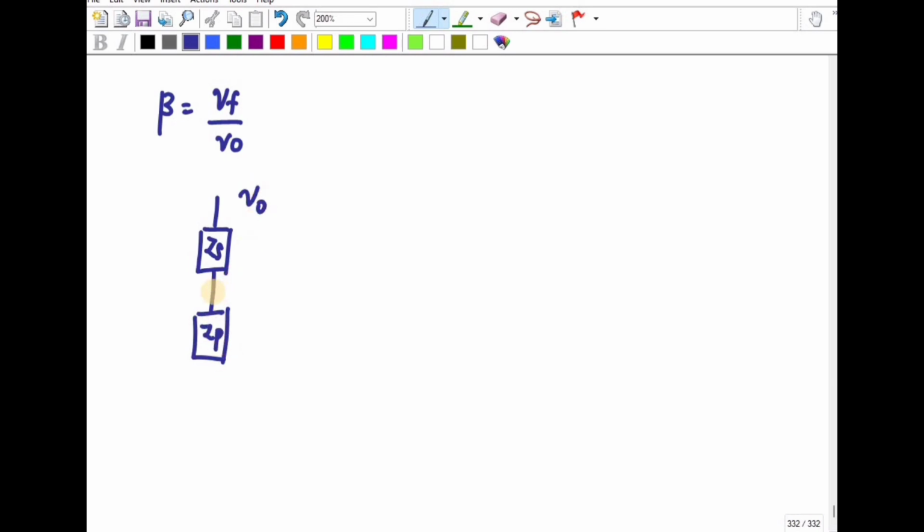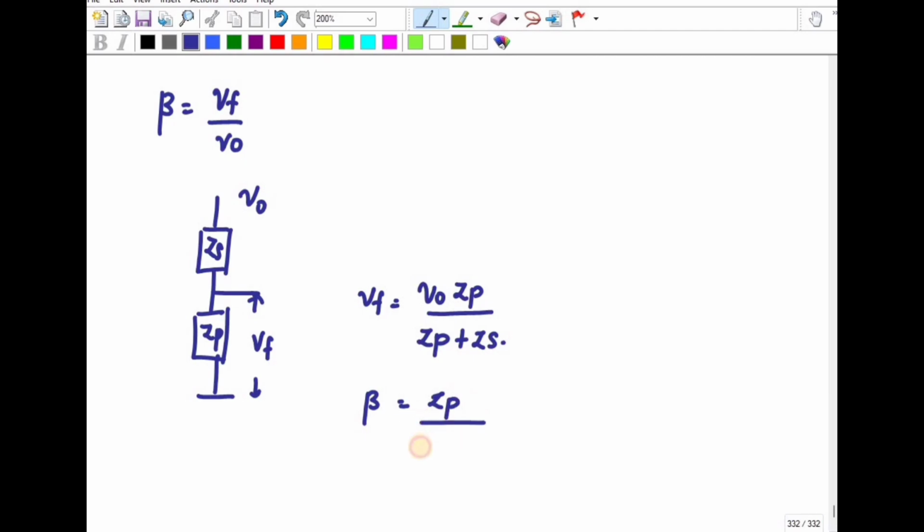This is connected to V naught, and here only you are getting VF. So what is VF now? VF is equal to V naught into ZP divided by ZP plus ZS. So what is my beta? Beta is equal to ZP divided by ZP plus ZS.